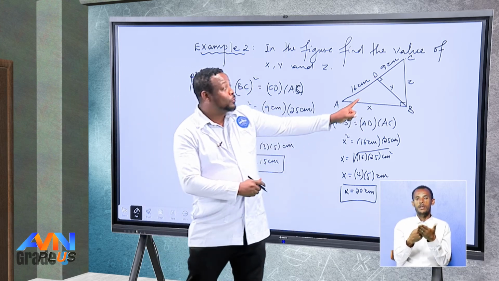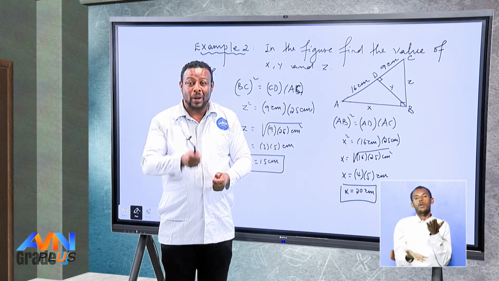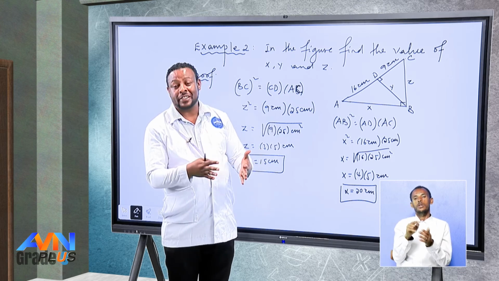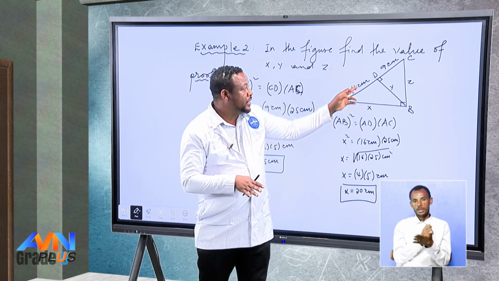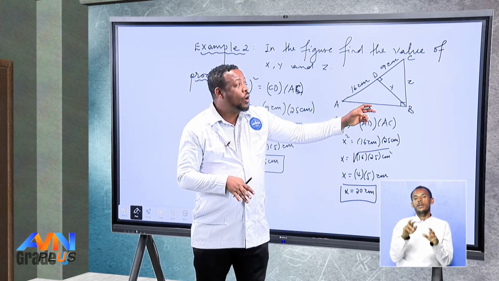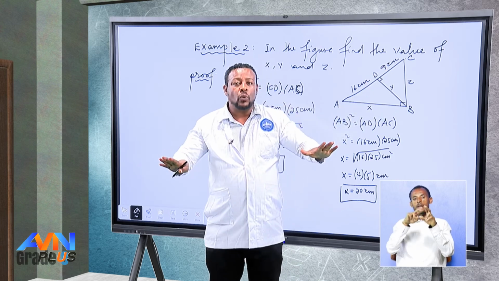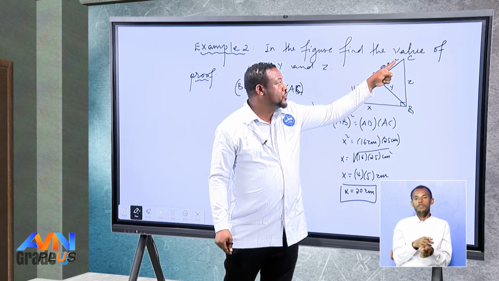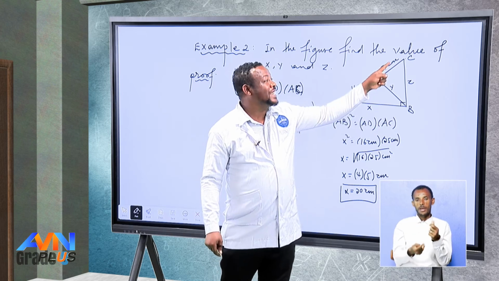Here, to calculate this y value, you may not directly apply Euclid's theorem, but you need to be systematic. Either you take this right triangle or this right triangle, right? Both ways you will get the same answer. If you are taking this triangle, consider only triangle BDC.